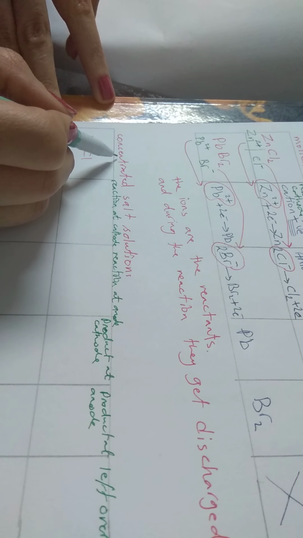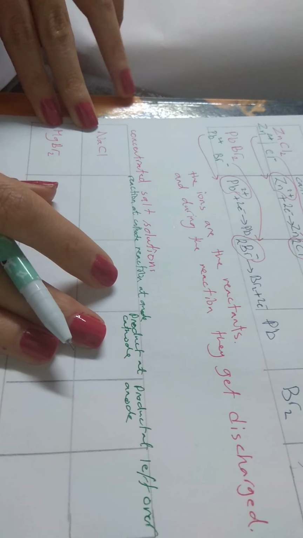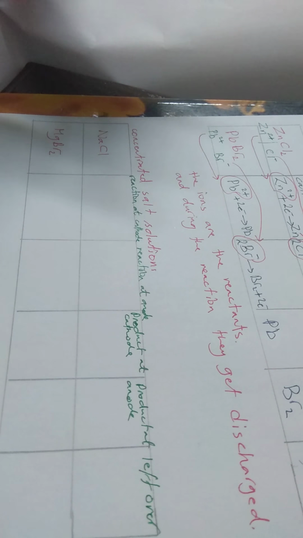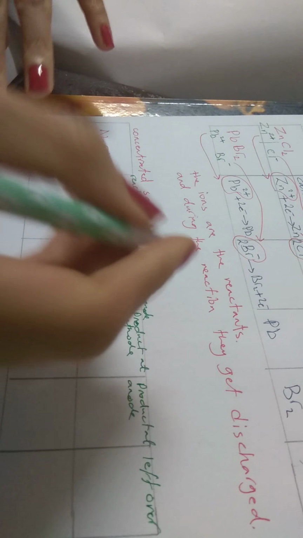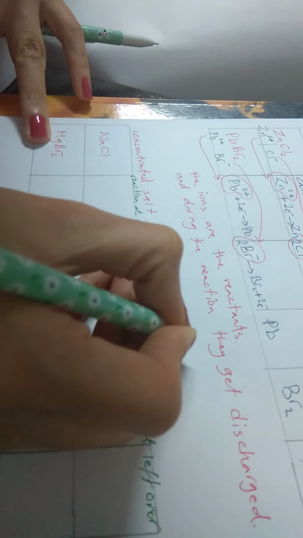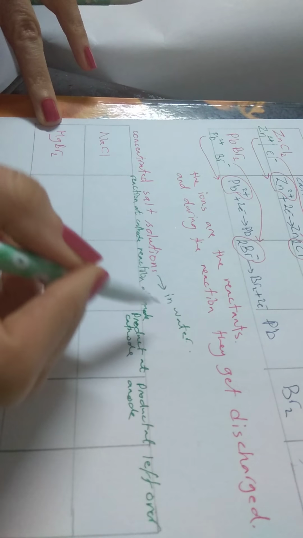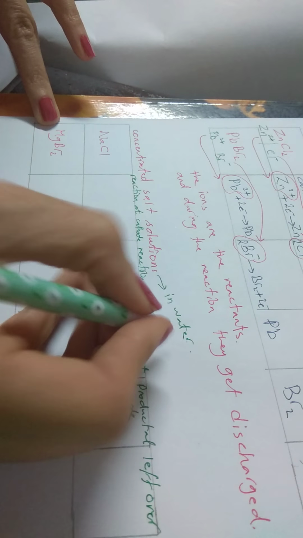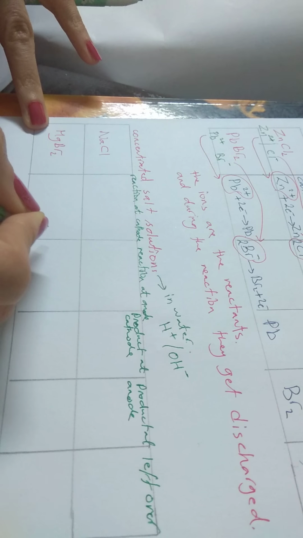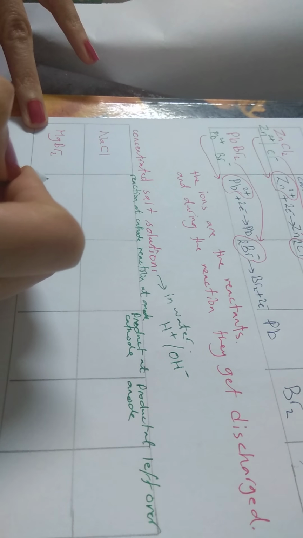Salt, they are concentrated. And since we are talking about solutions, we have to mention that there is water. So in addition to the ions of the salt, we have also H+ and OH-. We have 2 extra ions.